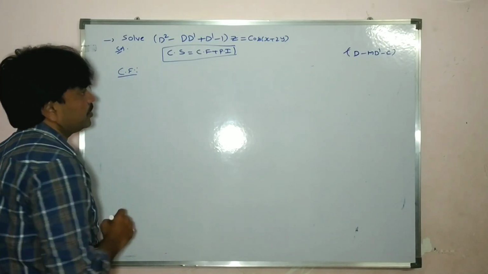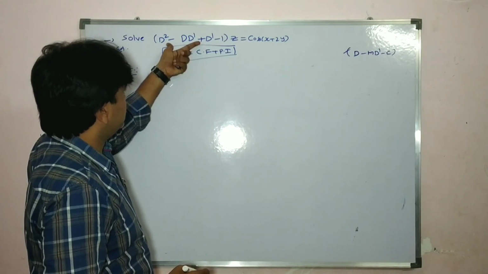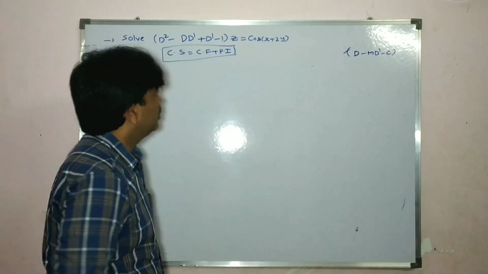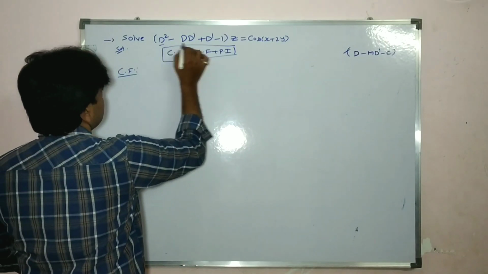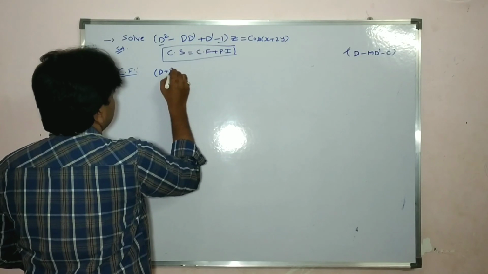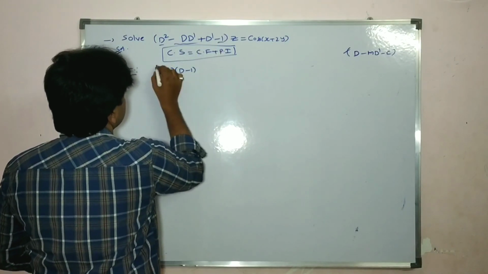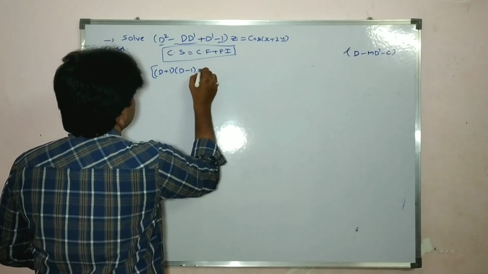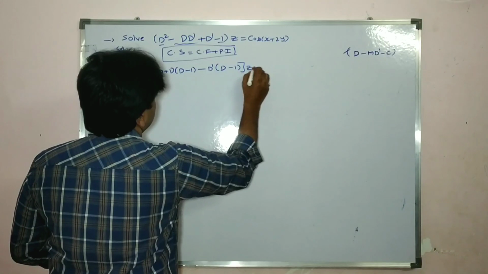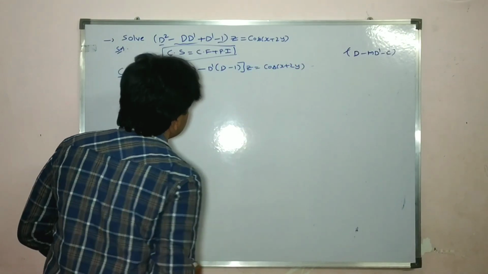In the complementary function we have to write this f of d comma d dash as (d minus m d dash minus c). Once again, by observation here, d square minus 1 can be written as d plus 1 into d minus 1. From these two terms we can take in common minus d dash, we get here (d minus 1) into z is equal to cos of x plus 2y.